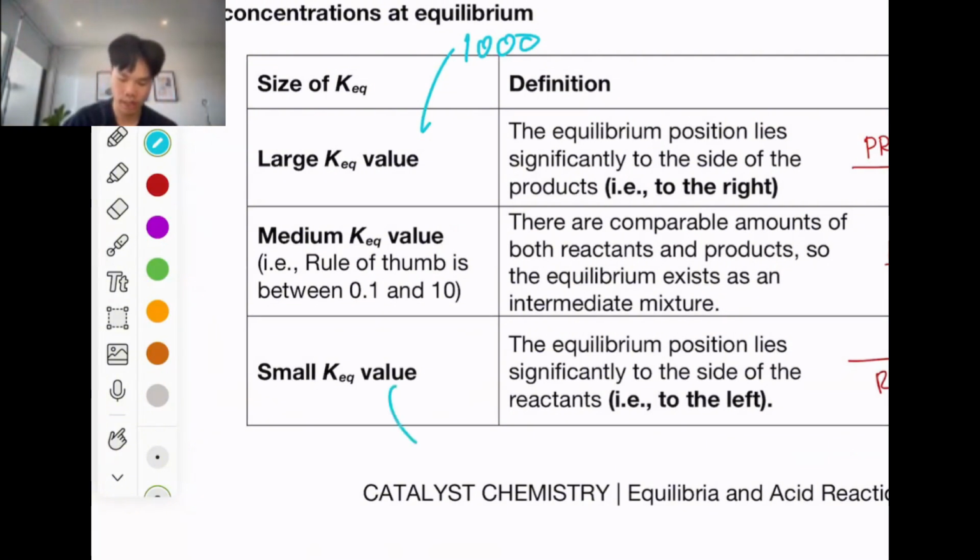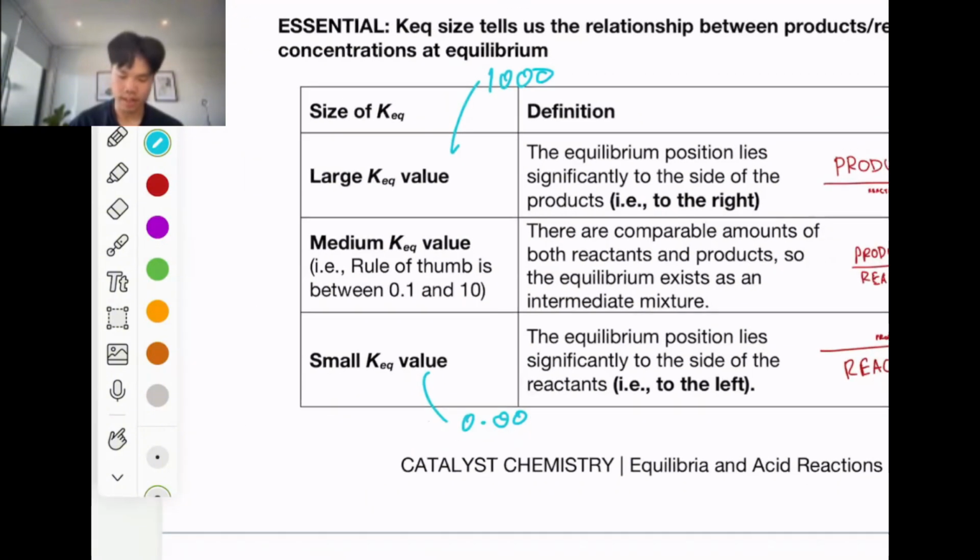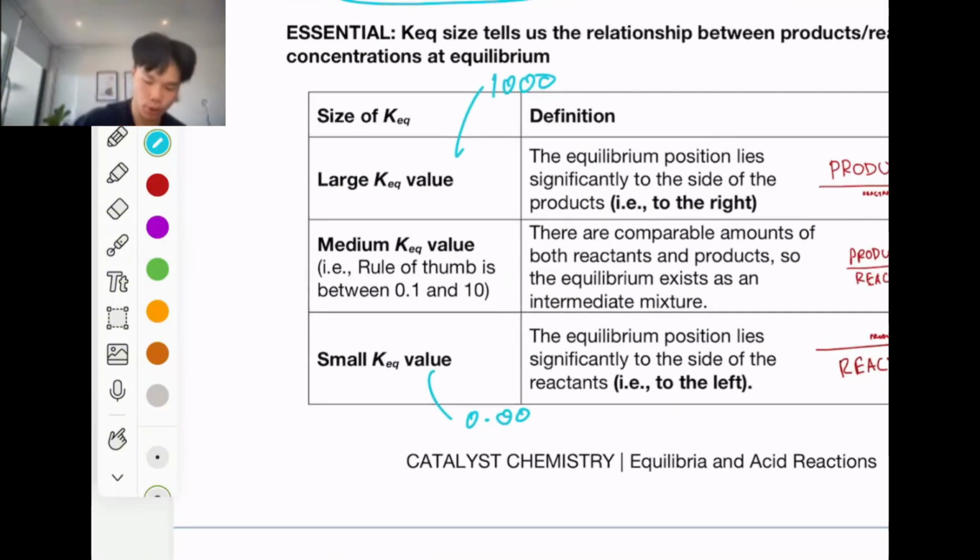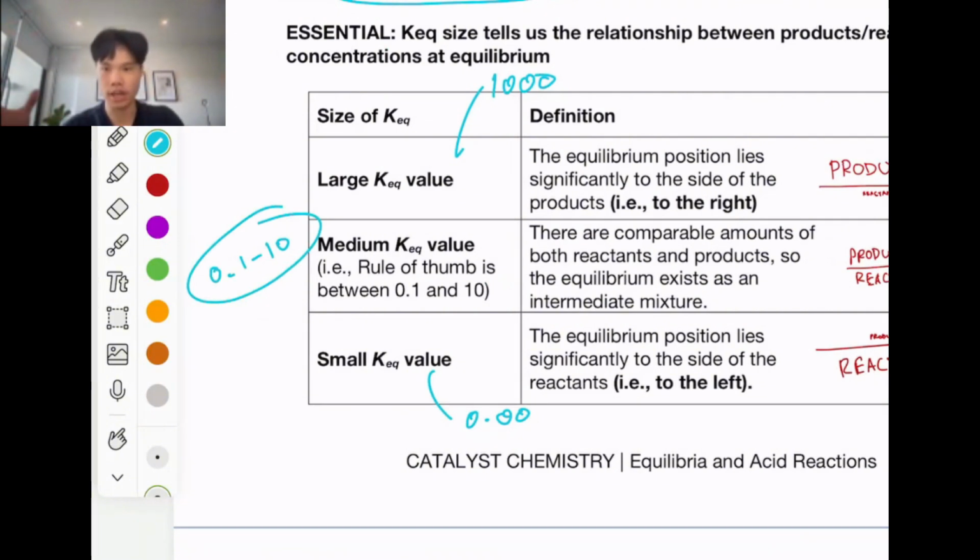If you have a very small K, like 0.001, it means you have a lot more reactant concentration than product concentration once you've accounted for the ratios. And the benchmark is that a moderate K lies somewhere between 0.1 to 10. So if it's on either side of that, typically speaking, equilibrium is going to lie significantly to one side, either the right or the left.